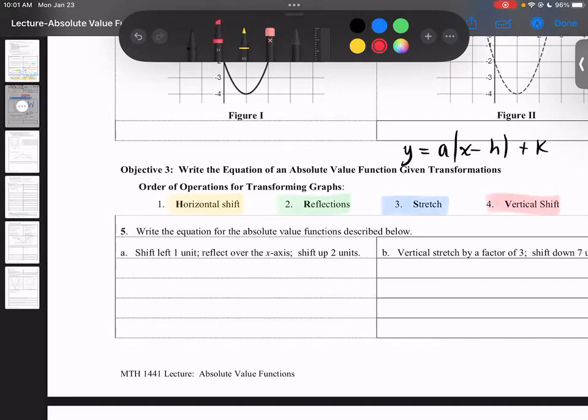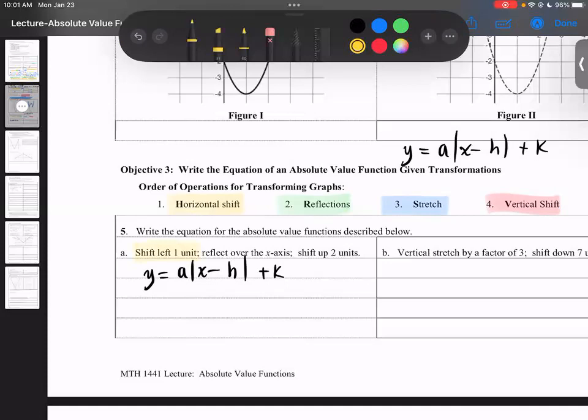Number 5, they want you to come up with an equation using the transformation information that they give you. First of all, I would suggest you write out the vertex formula. So we're looking for h, we're looking for k, we're looking for a, right? Shift left 1 unit, that would be what? h, right?